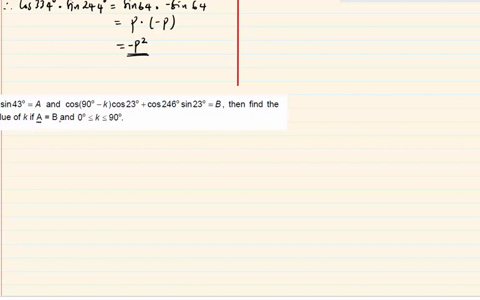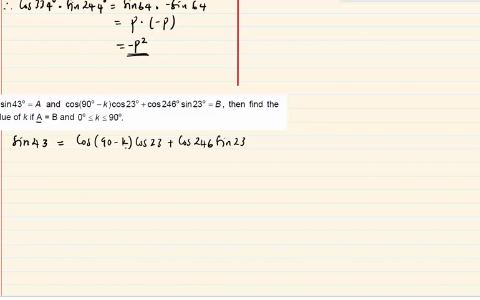So if a is equal to b, it simply means that the sine of 43 is going to equal this expression here, the cosine of 90 minus k cos of 23 plus the cosine of 246 sine of 23. So we need to determine this value of k.